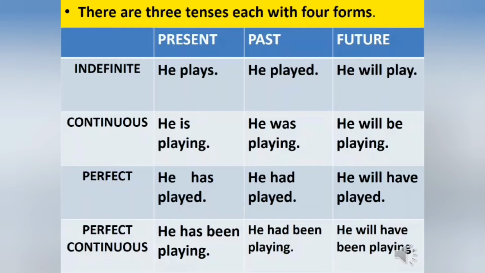Now past, he had been playing, means same as present perfect continuous tense, that the action started earlier in the past and had been continuing till that given time in the past. Means two time references are required in past perfect continuous or present perfect continuous tense. Now the third one, he will have been playing.